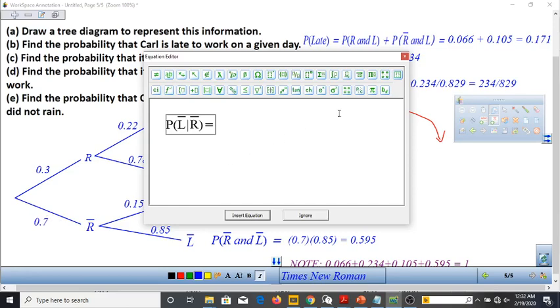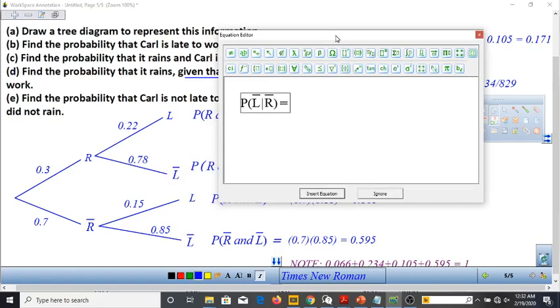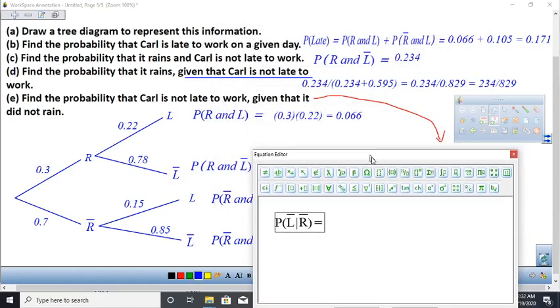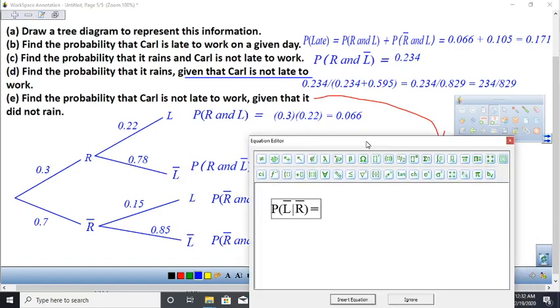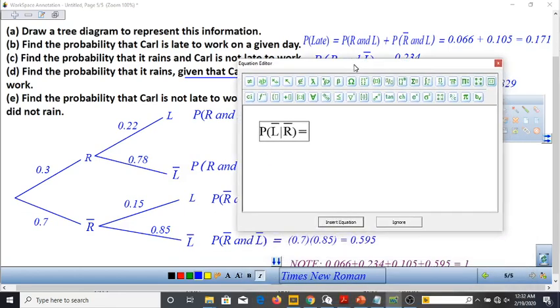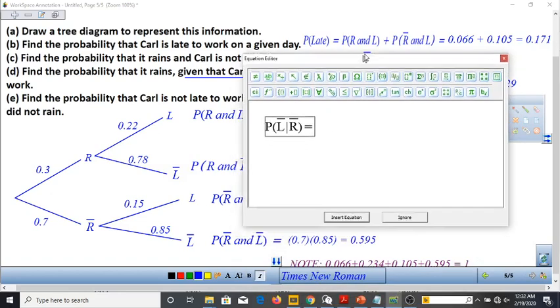That's 0.7. We know that because it told us that. And then out of that 0.7, how much of it is him not being late? It's 0.85. So let's see how we do this then.